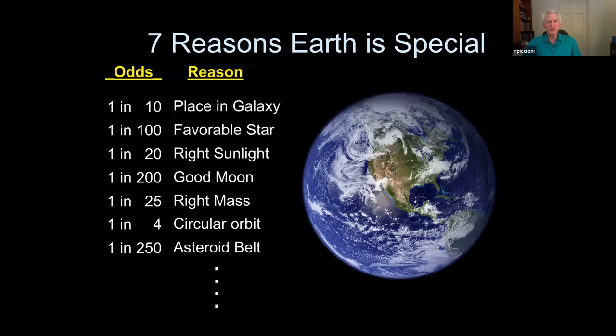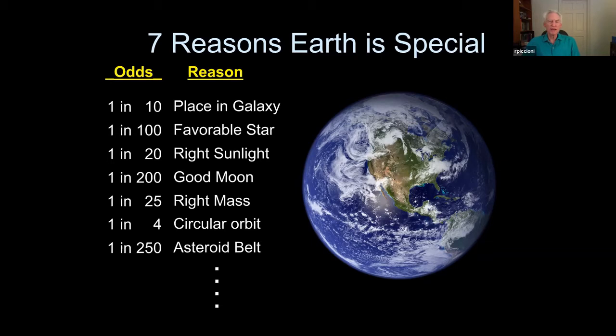If they were really completely independent, then you would multiply all these numbers together, and you would find that matching these 7 of the 14 characteristics of Earth is as unlikely as 1 part in 100 billion.